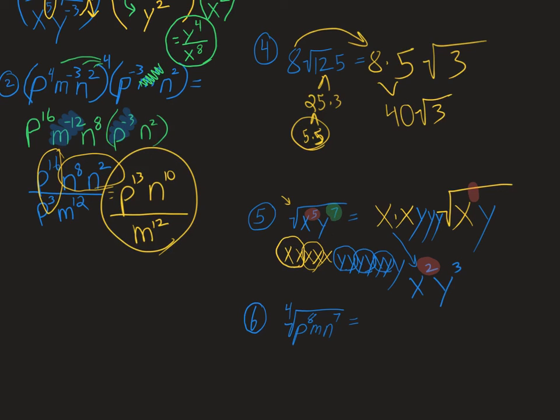If I'm taking groups of 2 out of the y, I can take 3 groups of 2. There's the 3 groups of 2 I took the square root of. That's 6, 3 groups of 2. And 1 is left underneath the y. Now if this helps, by all means keep doing it. Do what you need to do. And then just don't forget at the end to keep that radical xy. There you go.